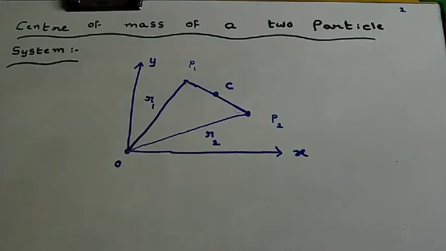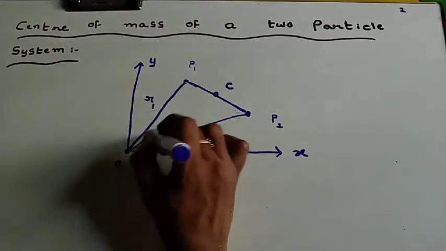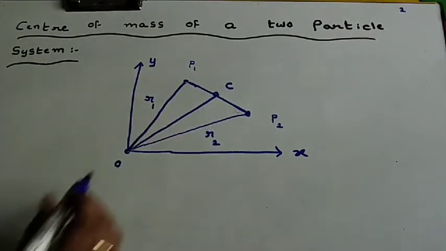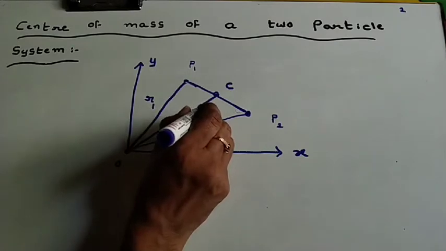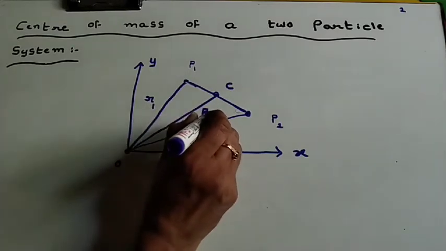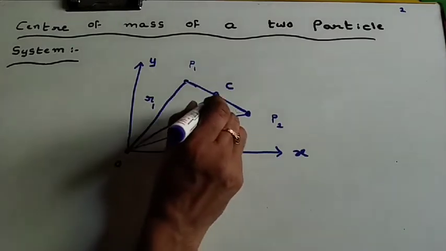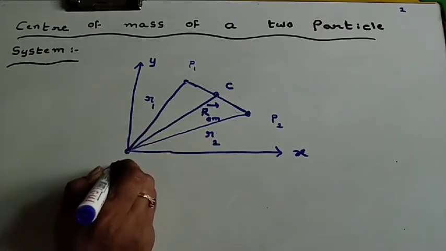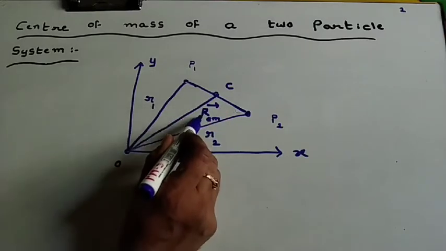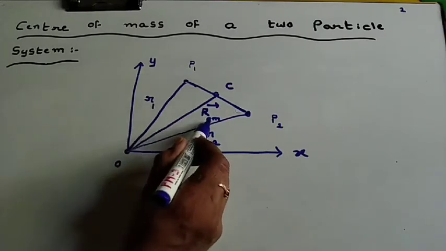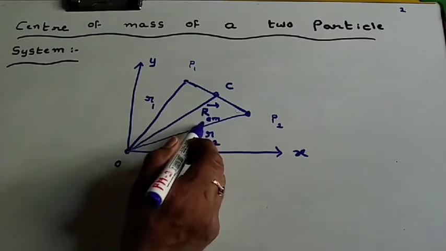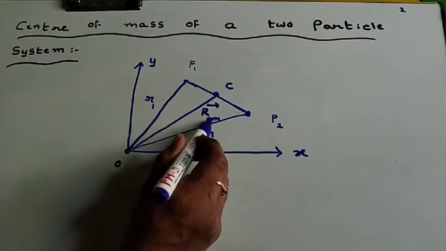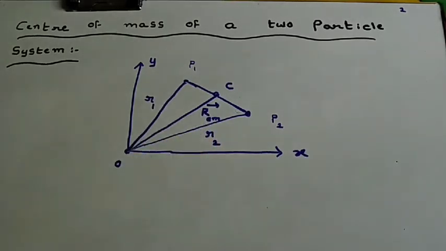Now we draw another position vector from O to C, called the position vector of the center of mass, RCM.